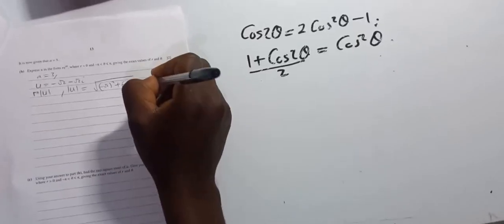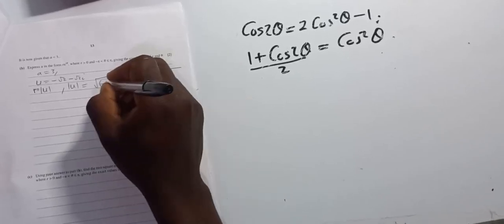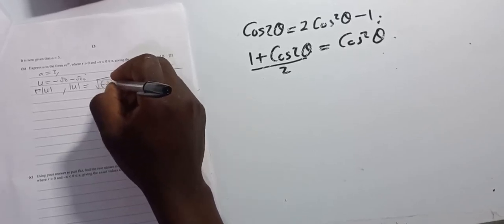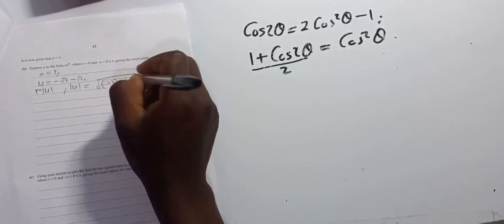After doing this, we then find the magnitude of u, which will give us r. So the modulus of u equals the square root of (minus root 2) squared plus (minus root 2) squared. Minus root 2 squared gives us 2, and minus root 2 squared gives us 2.